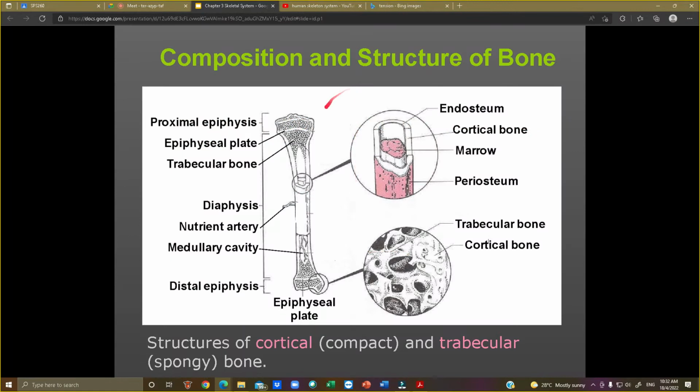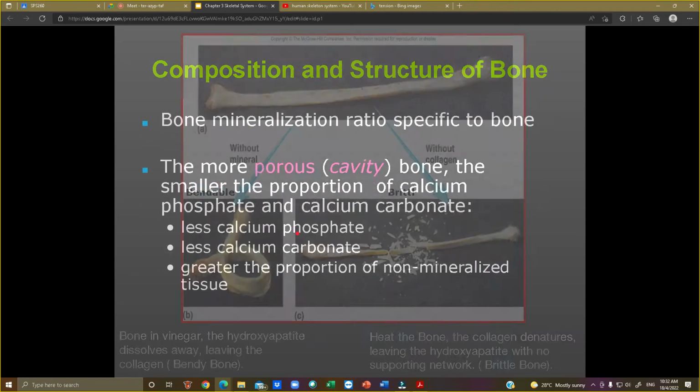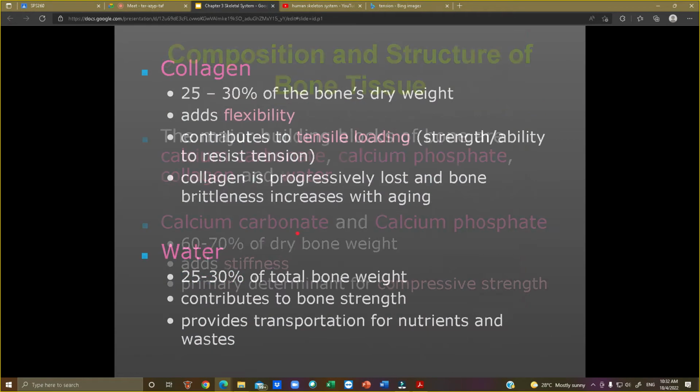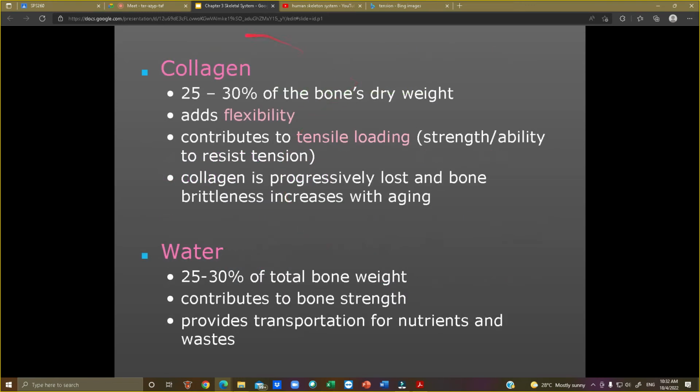Okay. Tulang ni. This is the whole bones. Tadi, we have 4 different component. Okay. And please look at this one. Calcium carbonate, calcium phosphate, 60 to 70% of dry bone weight. And collagen, add on another 30% of dry bone weight.